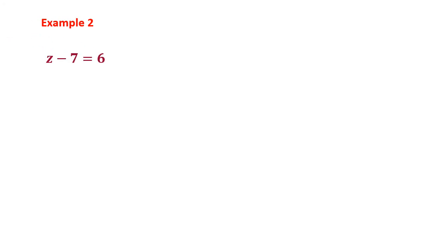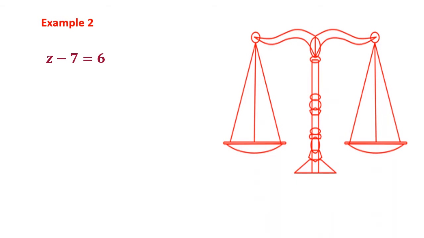Here, in the LHS we are having z minus 7 and in RHS we are having 6. Now here we are going to remove minus 7 from LHS. In order to eliminate minus 7 from LHS, we will transpose it to RHS.